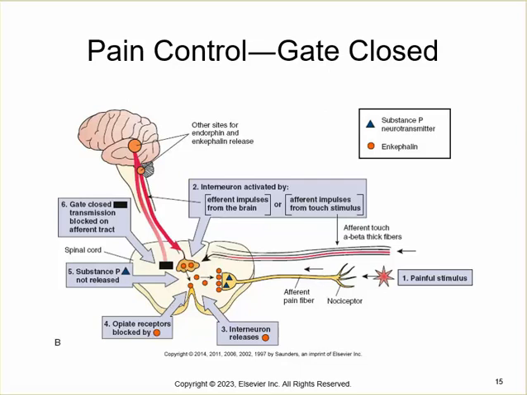Right? And there are drugs, specifically the opioids, that also will block those receptors and block substance P release, and close the pain gate.